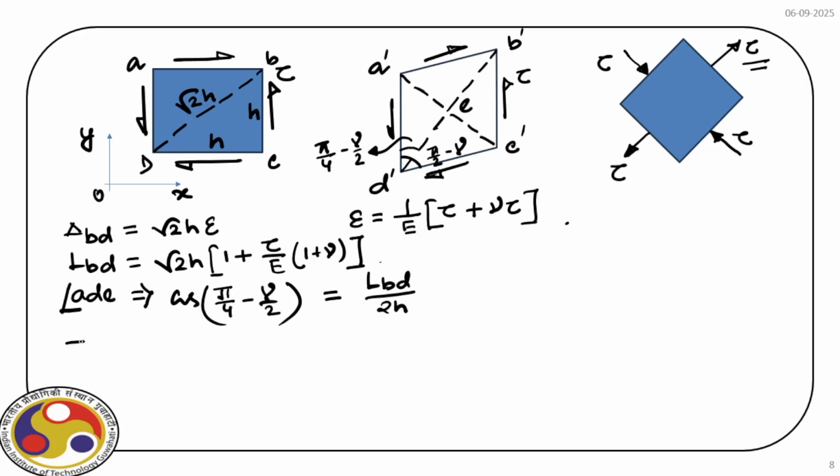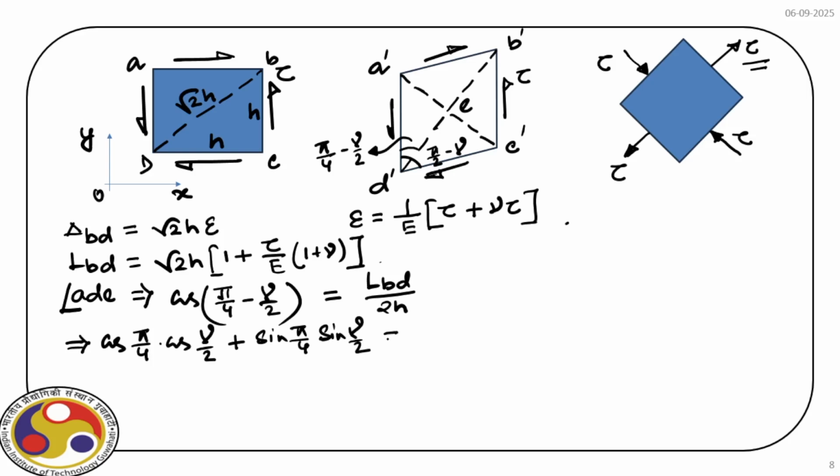Okay, so if we expand this cosine of pi by 4 minus gamma by 2, what we get is cosine of pi by 4 times cosine of gamma by 2 plus sine of pi by 4 times sine of gamma by 2.